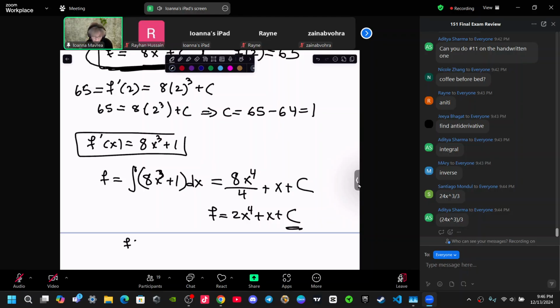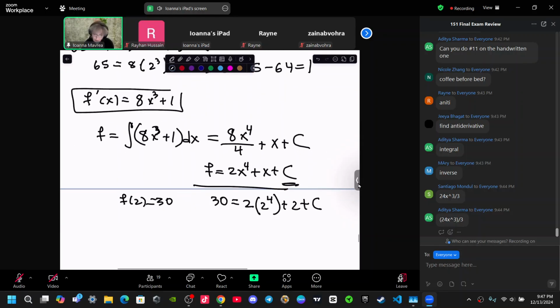They're telling me f of 2 is equal to 30. So what's f of 2? I plug in x equal 2 here, and I should get 30. That would allow me to find c. So 30 is what you get when you plug in 2 inside this function. Okay, so c is 30 minus this, minus that.